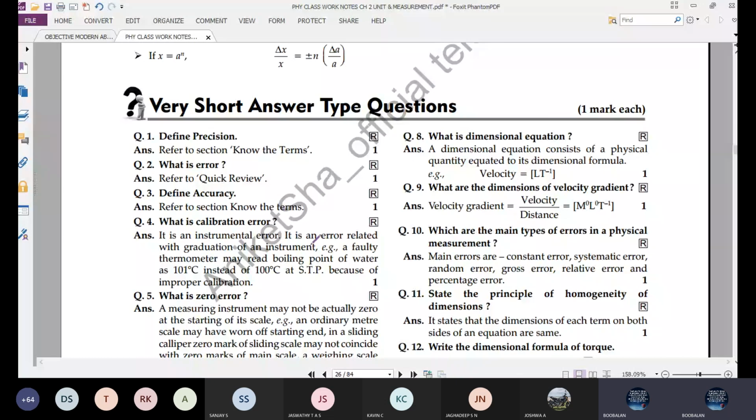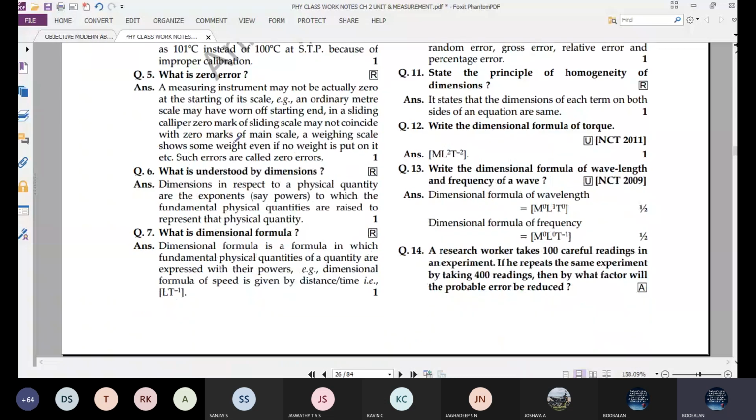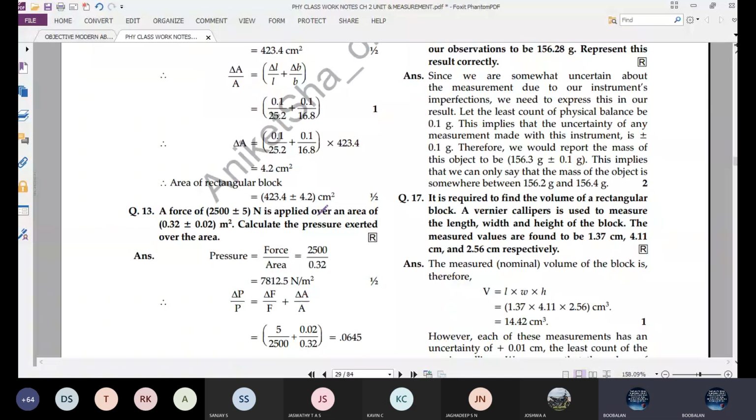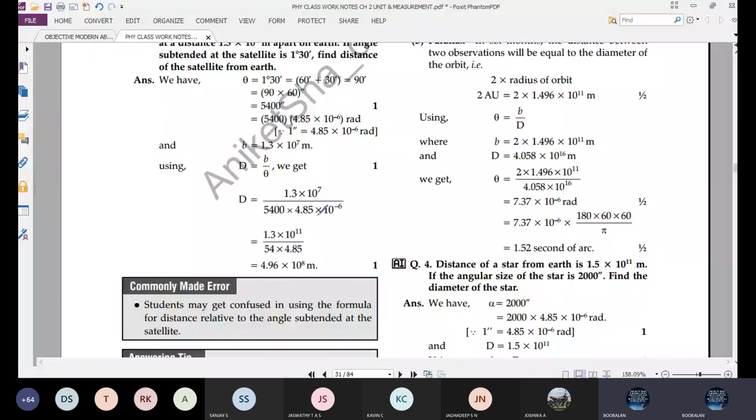So we are preparing for competitive exam as well as board exam. So this is for NCERT corner.